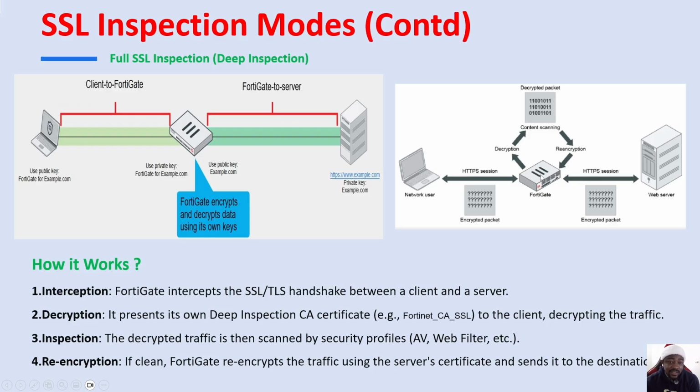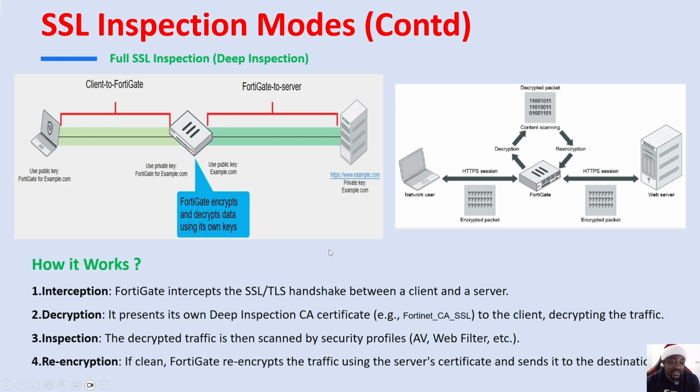FortiGate will decrypt the content of the traffic initiated by the user, then scan all the content to check if there is any malware that was injected. If all is good, it will re-encrypt the content, then forward it to the destination. This is done in both directions, either traffic coming from the user to the server, or from the server to the user. This is what deep inspection does.